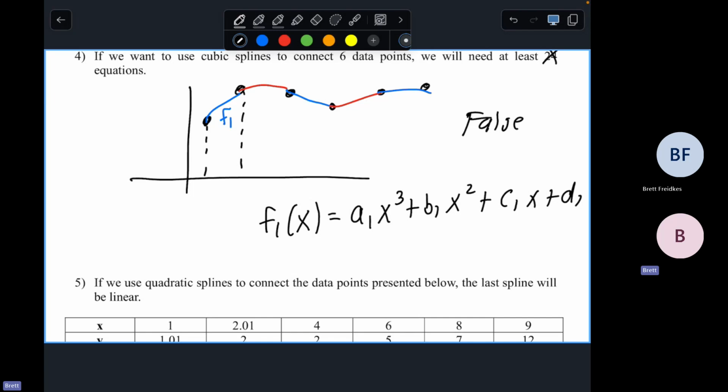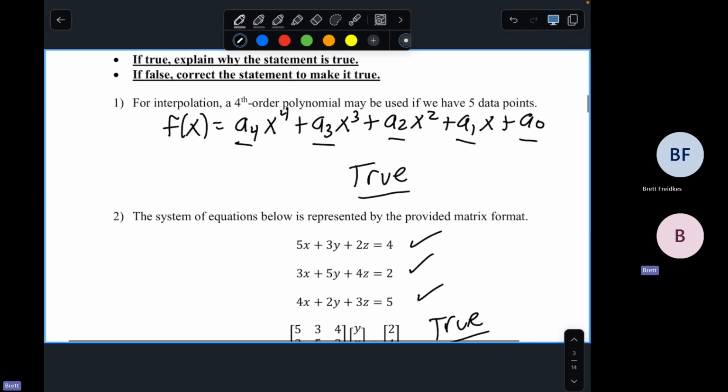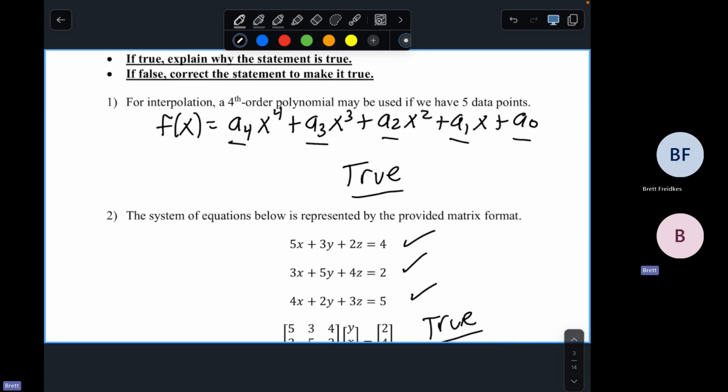If I tell you to use a certain interpolant, that's like question 1. In this question, it says I have 5 data points and I want to use a 4th order polynomial to connect them. That is one function going through all the points. If I had 5 data points and said I'm going to connect them using splines, I would need 4 separate functions, which means I would need more equations.